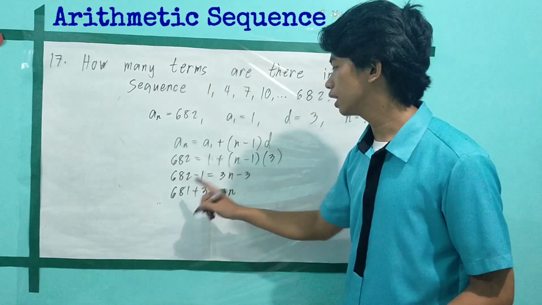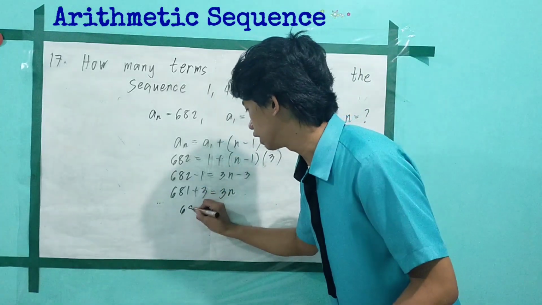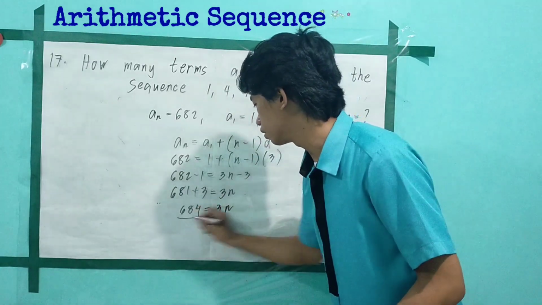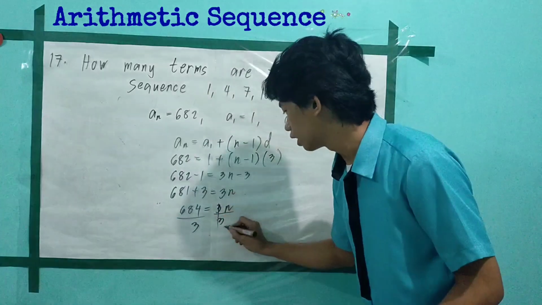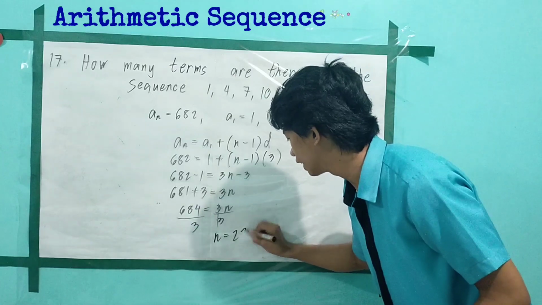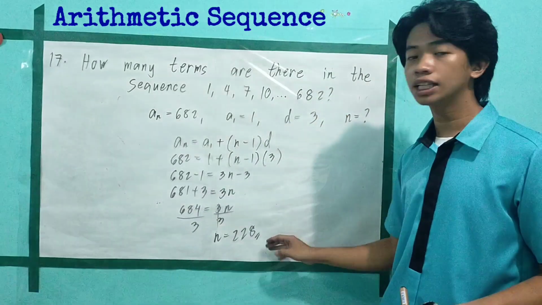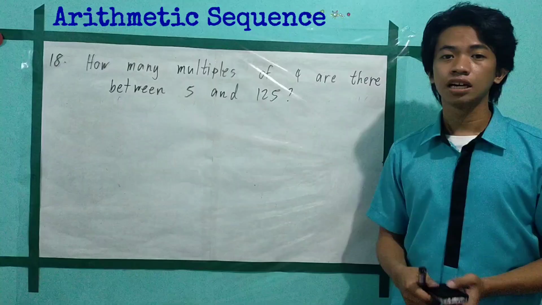So 681 plus 3, we have 684 is equal to 3n. Dividing both sides by 3, variable n now is equal to 228. It means that there are 228 terms in this sequence.